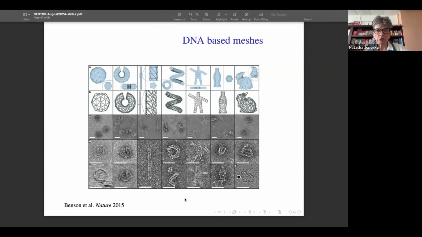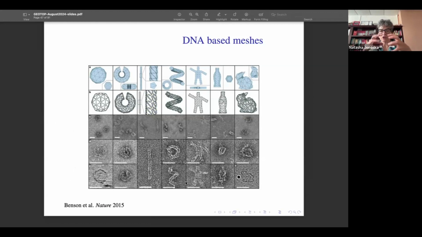I want to go back to one design that for this audience might be interesting, which is the DNA mesh. If you have done any computer graphics, then you know about this bunny. The Benson lab, at Karolinska Institute in Sweden, designed a variety of shapes with meshes with DNA origami.